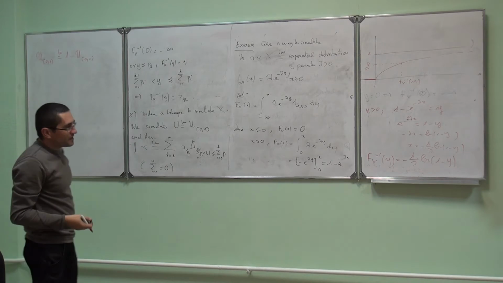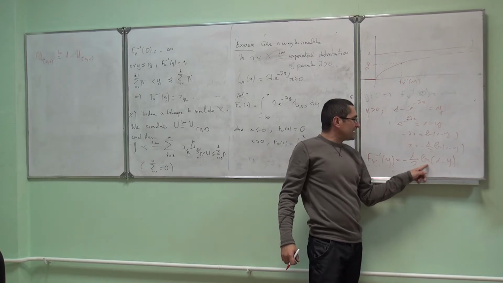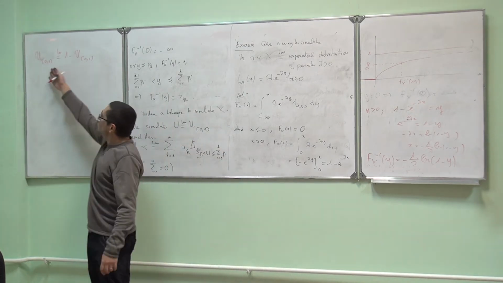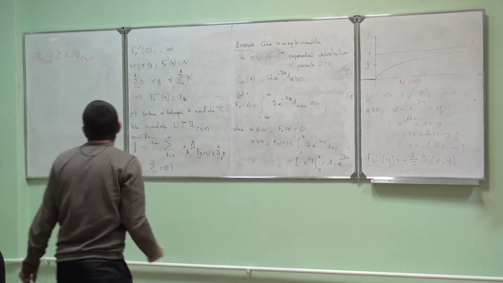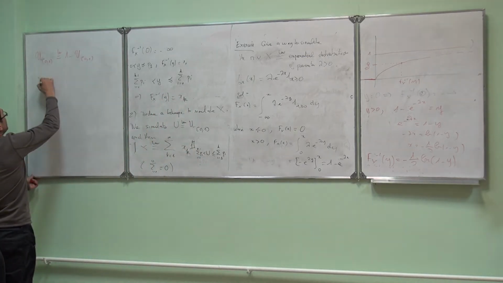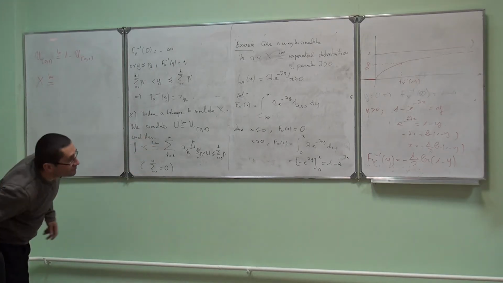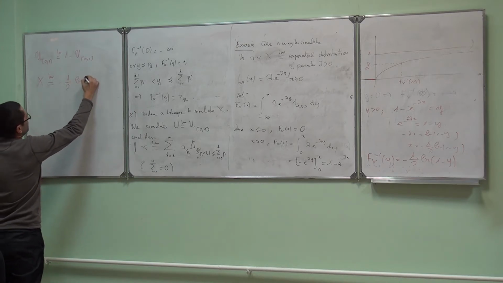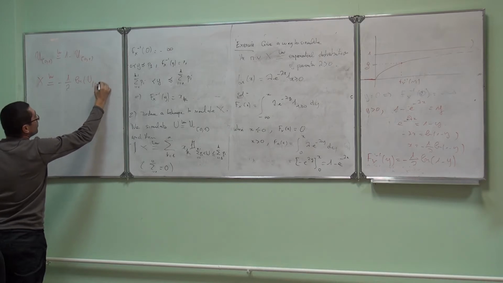So to simulate X, you need to compute minus 1 over lambda logarithm of 1 minus U, but as 1 minus U is still a uniform distribution on 0, 1, it is enough to say that X, in this example, equals in law F_X minus 1 of U, that is minus 1 over lambda logarithm of U, U of 0, 1.